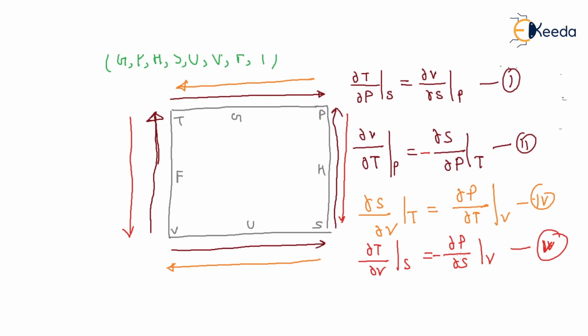Correct. ∂S/∂V at constant temperature is equal to ∂P/∂T at constant volume. Correct. Again, ∂T/∂V at constant entropy is equal to minus ∂P/∂S at constant volume. Okay, no problem. You repeat like that.